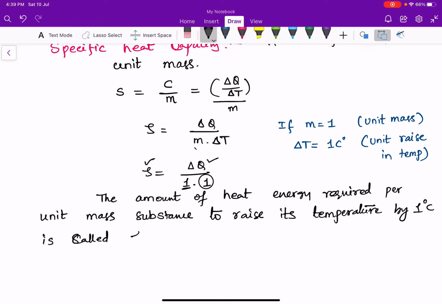So this is the definition of specific heat capacity.